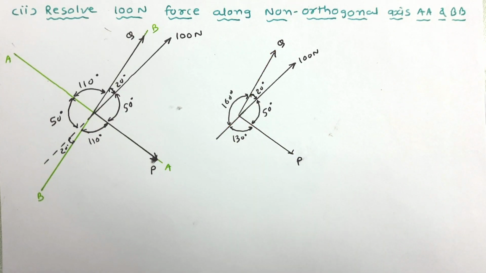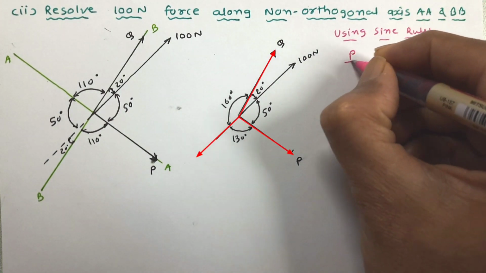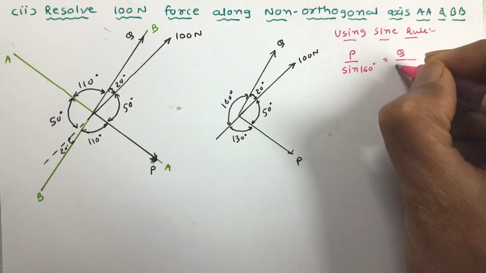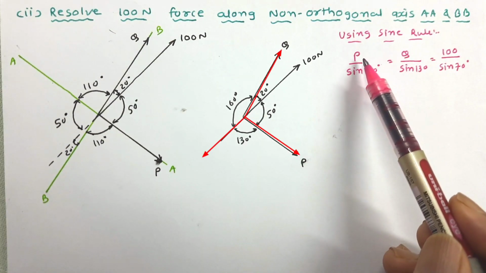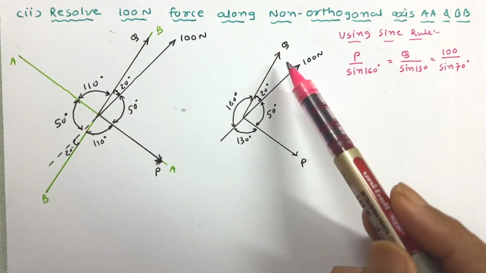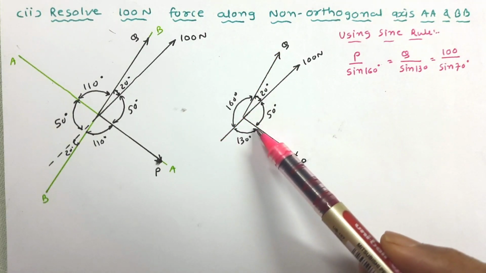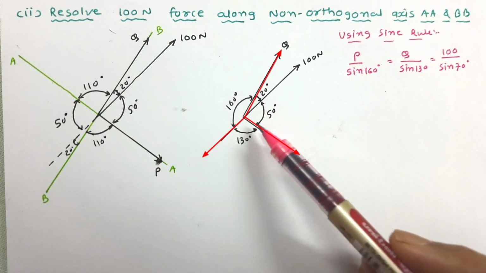Now let us apply the sine rule. So using the sine rule, we can write P upon sine 160, Q upon sine 130, and 100 upon sine 70.